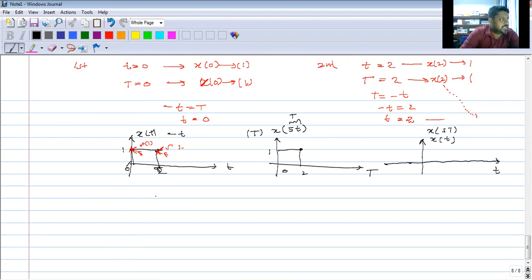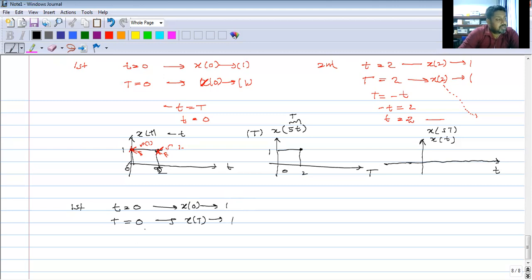I will use the same logic here. The first point is t equal to 0. That means x(0), what is the value? It is 1. If we plot with respect to capital T, we get the same result.